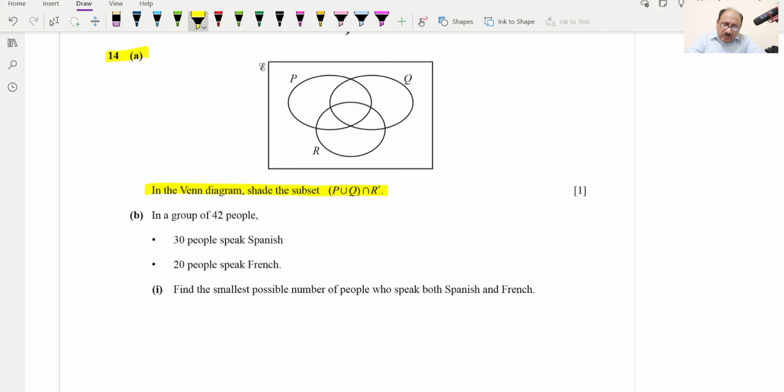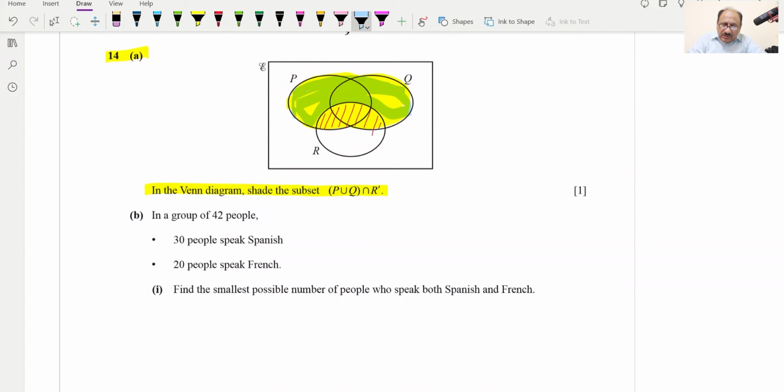P union Q is this complete P and complete Q. This whole region is P union Q, but they are saying intersection with R complement, and R complement is whatever is not in R. So for R complement we'll have to remove this section, and only this remaining section will remain shaded.